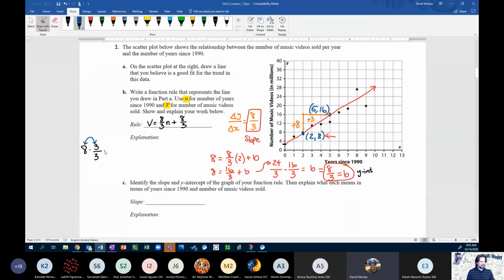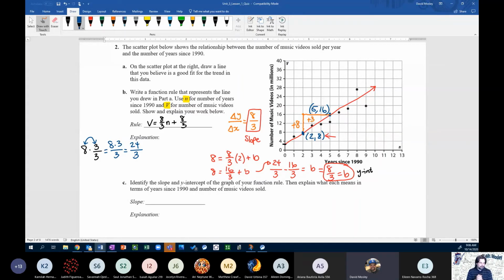So this is equal to 8 times 3 over 3. 8 times 3, 24 over 3. And if we were to do 24 divided by 3, we would get 8. Having 8 written that way allows me to subtract 16 over 3. Okay, very good question.